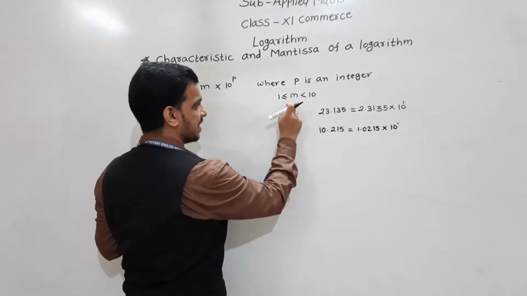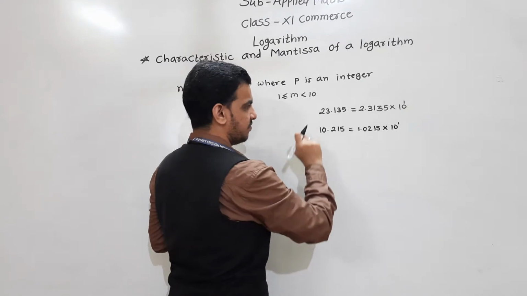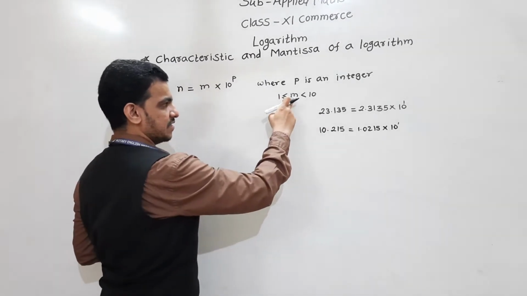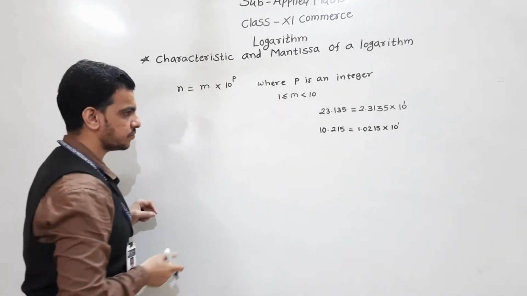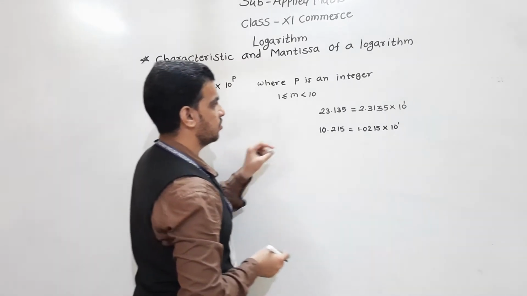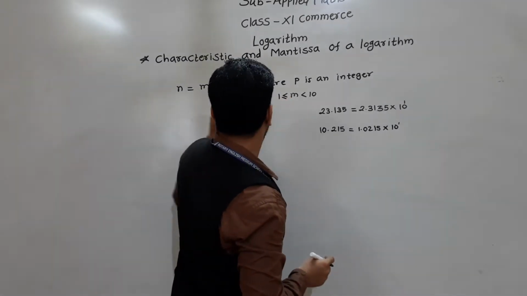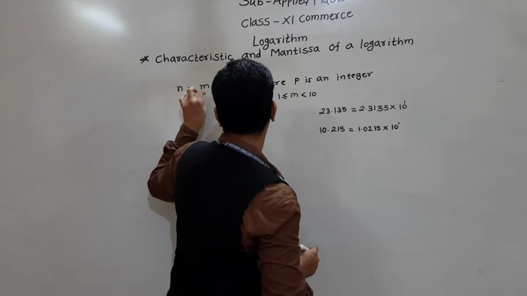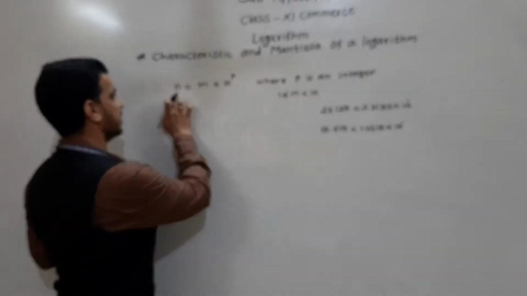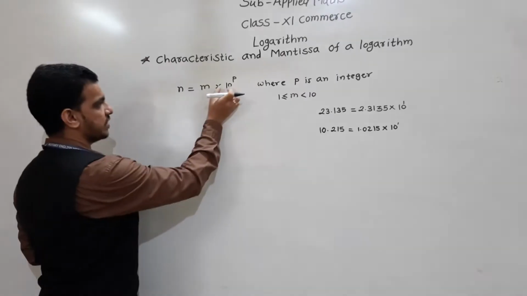So this m is less than 10 and greater than or equal to 1. This is the standard form of decimal. So n we can write in this form, m into 10 raised to p.